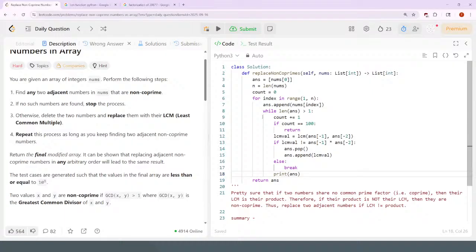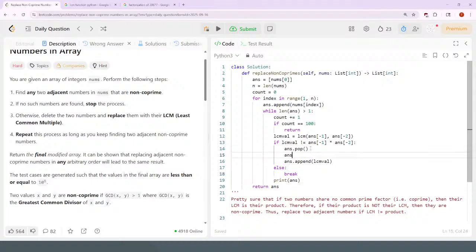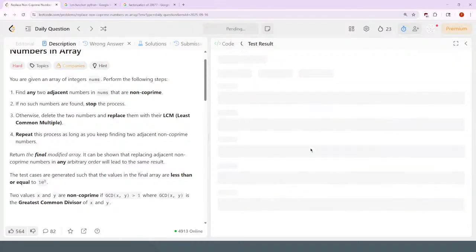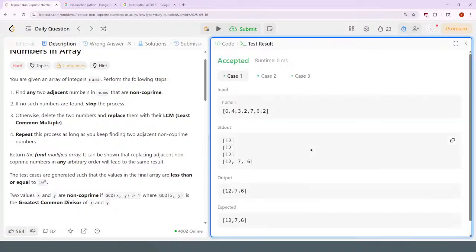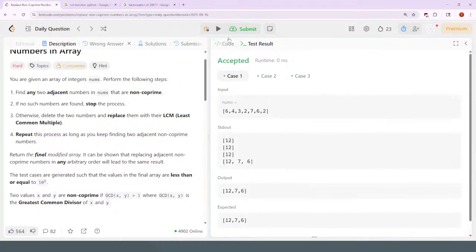So the answer needs to pop 2 things. Yeah, whoops, it needs to pop 2 things. Okay, maybe that's the issue.